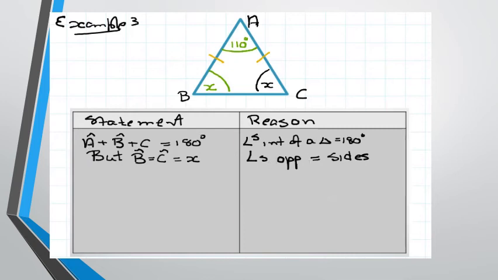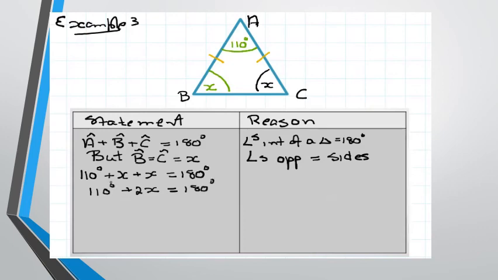Now I'm going to substitute in all this. So I'm going to say angle A is 110 degrees plus B now is x. Oh, I forgot the angle there, plus angle C equals x, equals 180 degrees. So therefore I'm going to have 110 degrees plus 2x equals 180 degrees.